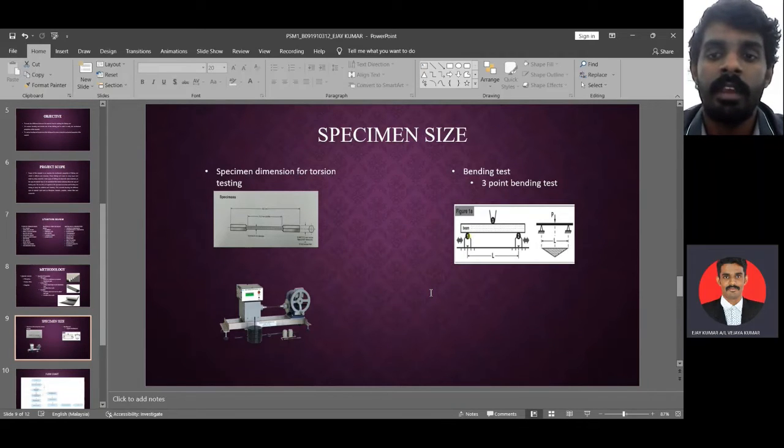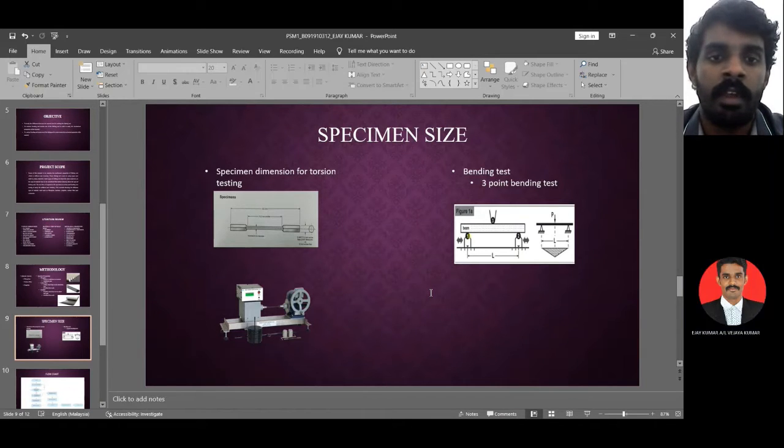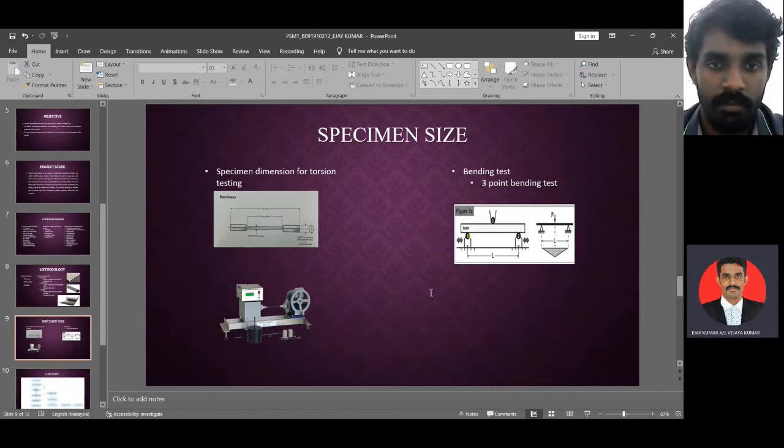These are the tests and how I have to test the specimen. For the torsion test, the dimension of the torsion testing is as in the diagram, and below are the machines that are used for torsion testing.